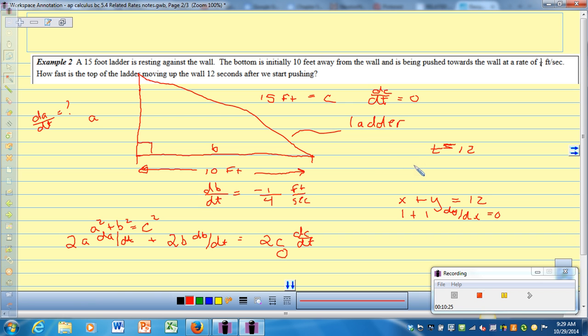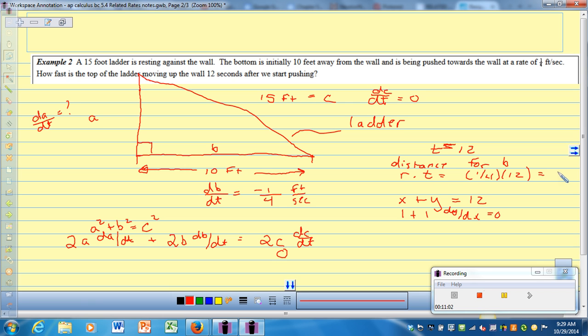How would I find that? 12 times the rate. So our distance for B is going to be rate times time. And what's the rate? 1/4 times the time, which is 12.